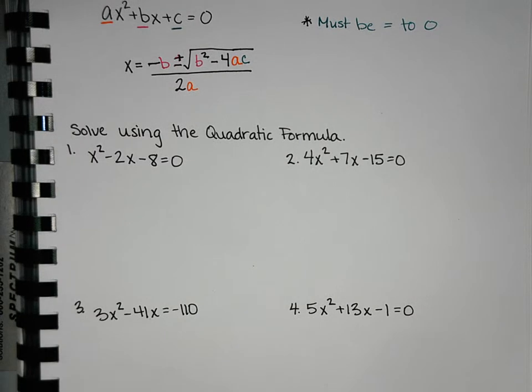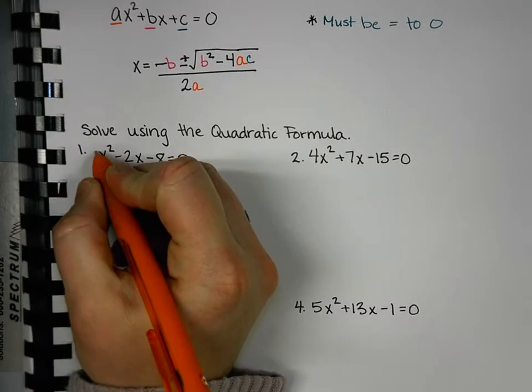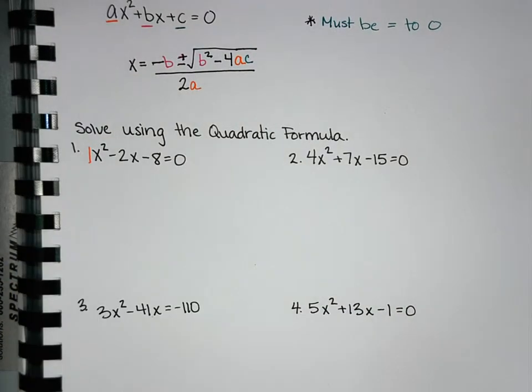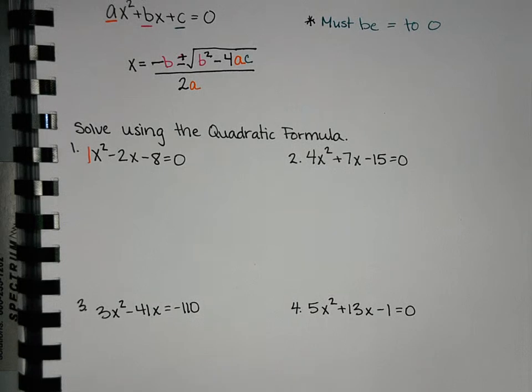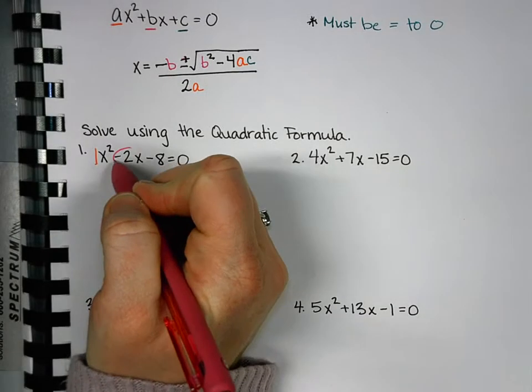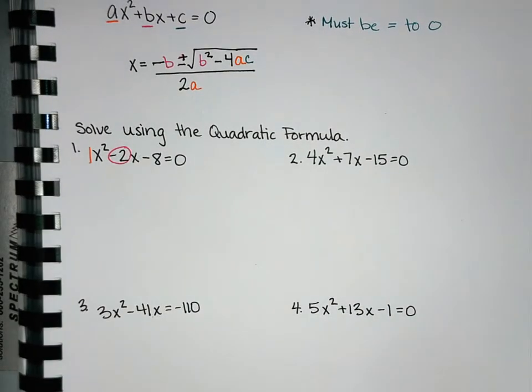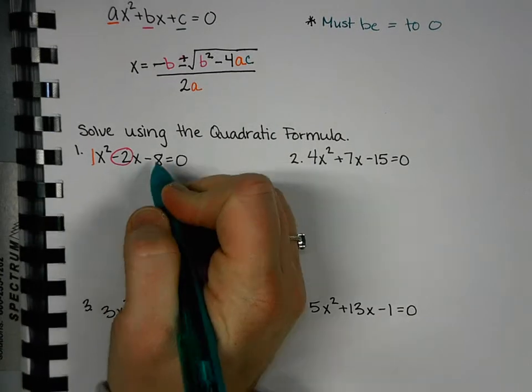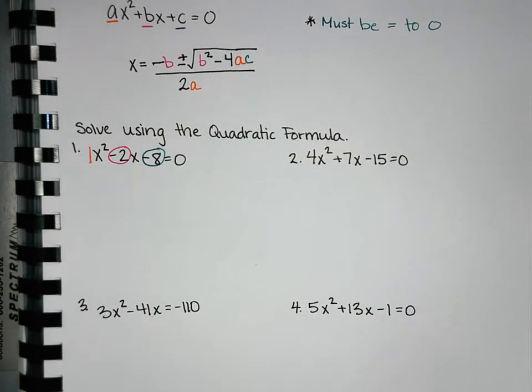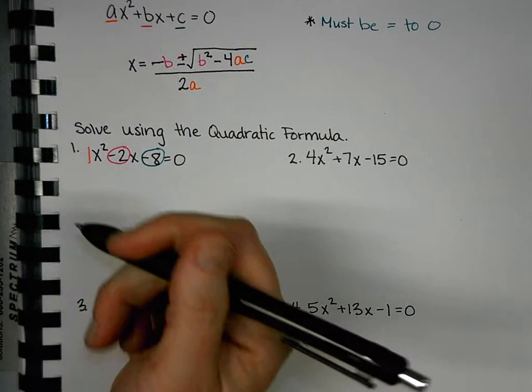Remember, it's the number in front of x squared. So our A is 1. What's our B? -2. So there's our B right there. Where is our C? -8.